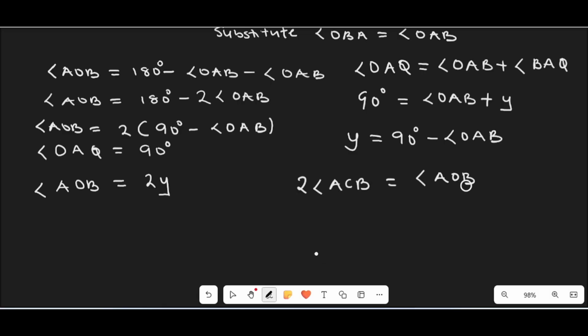Let us divide both sides by 2. Angle ACB equals angle AOB over 2, and our angle AOB is equal to 2Y. Let us substitute it into this equation.